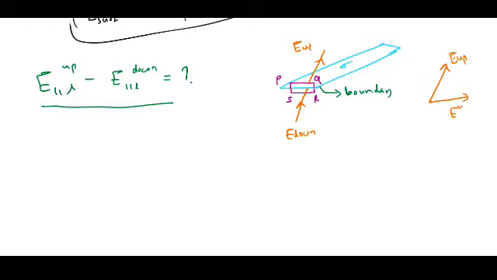This is E up parallel to the surface, parallel to the boundary, and this is E perpendicular up. Below the boundary, this is E down.